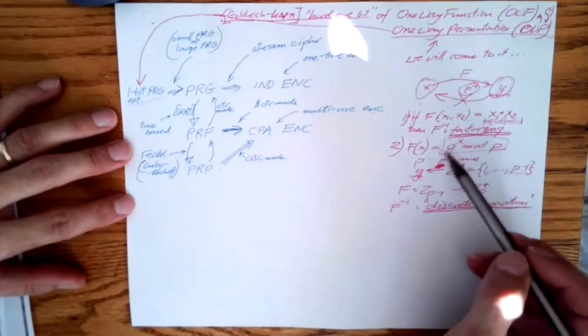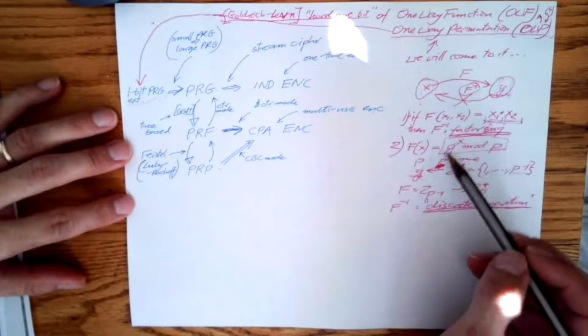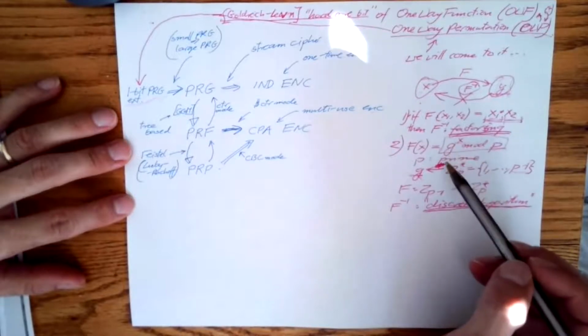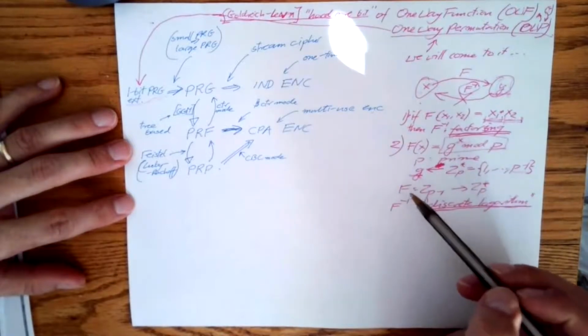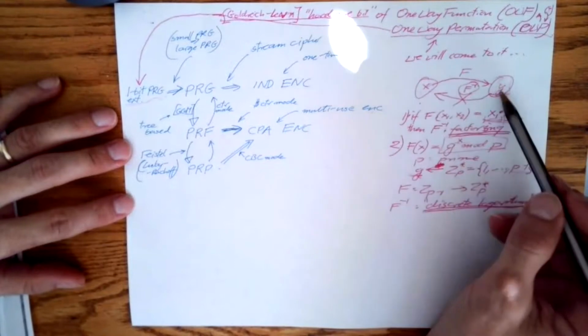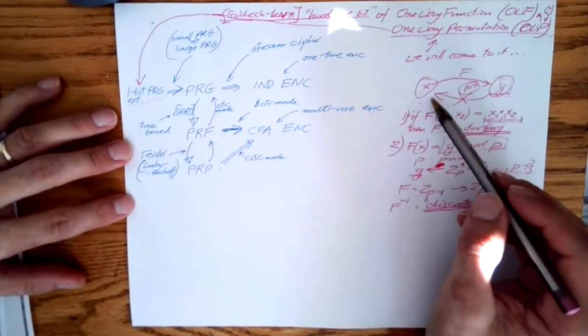Likewise here, the discrete logarithm: I give you the result, and you ask me, what is the x which makes g exponentiated to that x equal to the result? I don't have this algorithm. So the function is one way, as in you can compute it forward, but there is no efficient algorithm to compute it backwards.